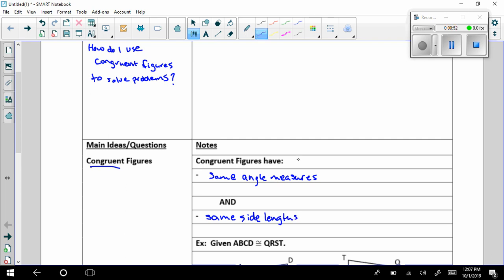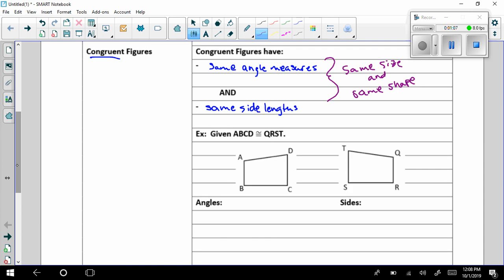Another way to think of it is they are the same size and the same shape. Okay, they have to be identical. Now, that doesn't mean they can't be like this, where they're reflected, but this is what we call a congruent statement.